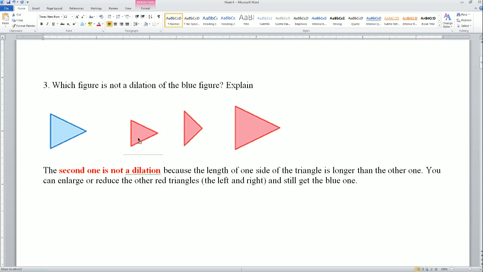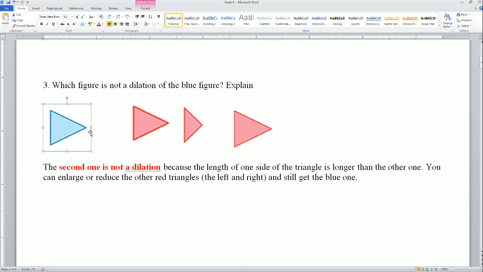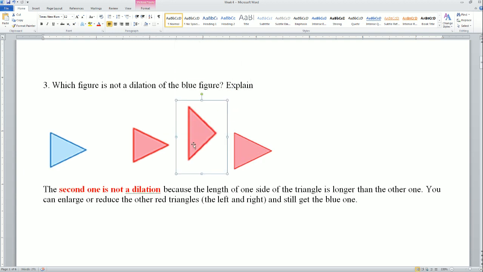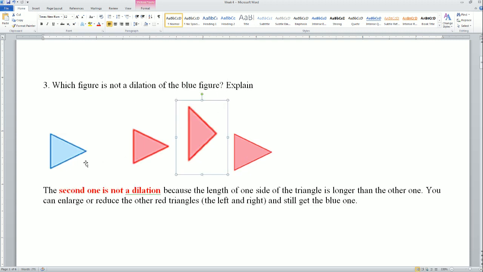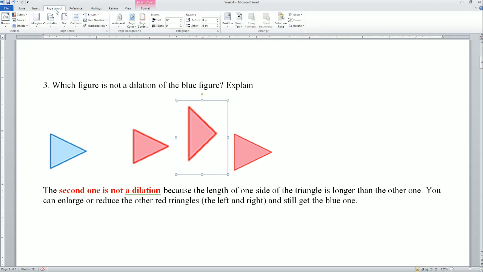Let's see if that's true. Okay, you see I can enlarge it. Perfect size. You see how these two match? Good. I can reduce this a little bit. You see how this perfectly matches? Let me try to enlarge this one. You see how the size doesn't make sense? It doesn't matter if I shrink or expand. This one, the second one, this extra length right here, I can highlight it for you.